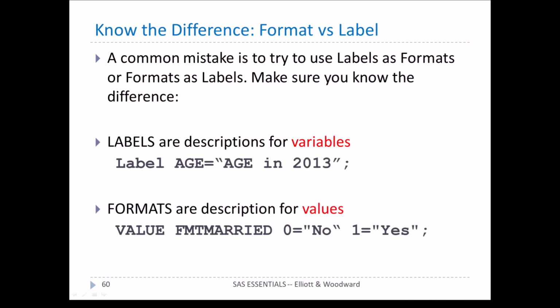That's the name of the variable. Whereas a format is the name of the values within a variable. So format married 0 = no, 1 = yes assigns values to the 0 and the 1 within the data for the variable, in this case called married. So make sure you understand the difference between those two and don't get them mixed up.